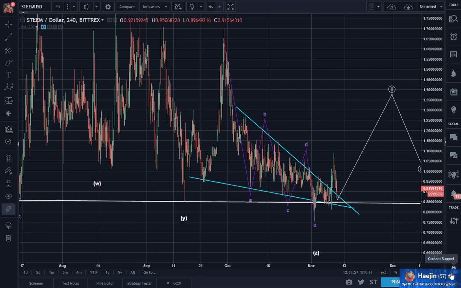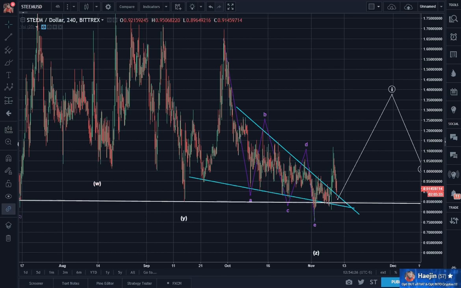All right, here is STEEM on the 4-hour chart. I just wanted to share with you a short-term update to help you see things in a little more of a big picture perspective, and more from the Elliott wave perspective.